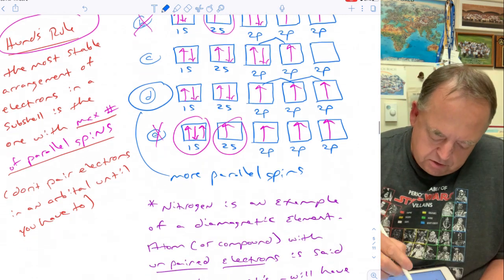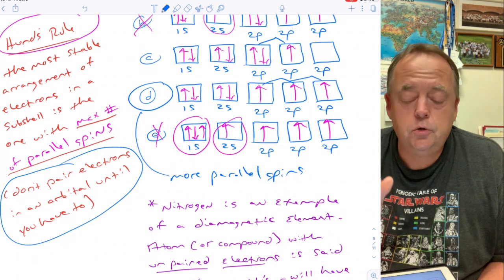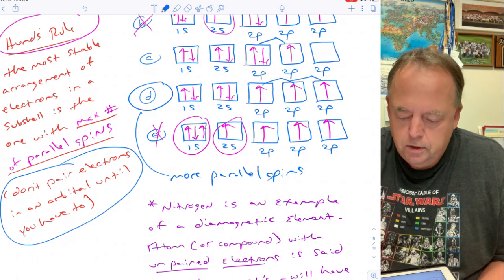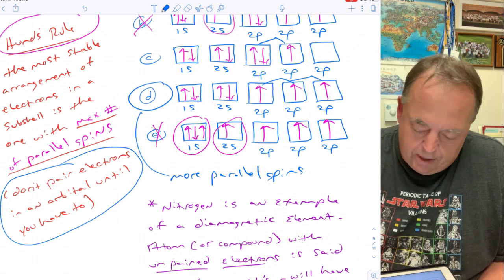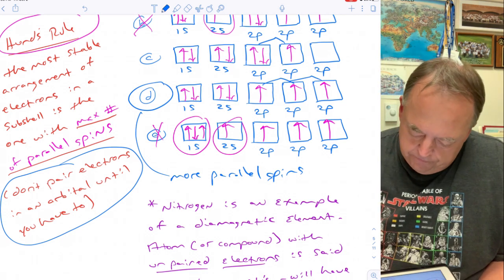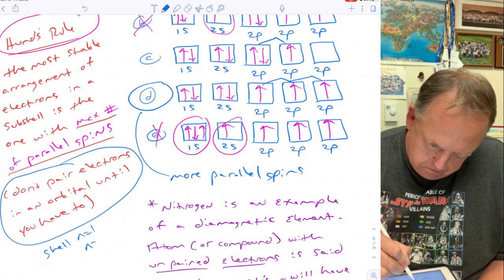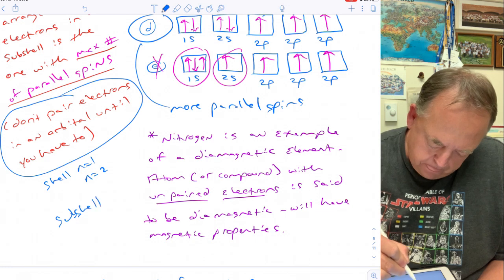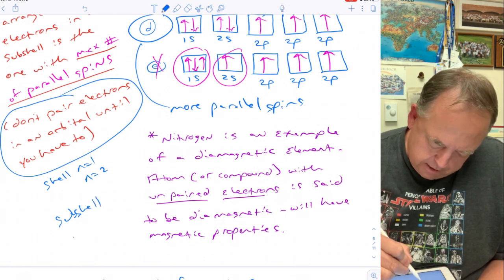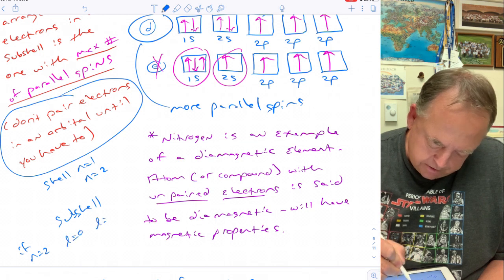So basically what this means is in a subshell, by subshell I mean like in the second shell, in this 2, there are 2 subshells. There's S and there's P, right? So L is basically the subshells. So that would be like if N is equal to 2, L can be 0 or L can be 1.